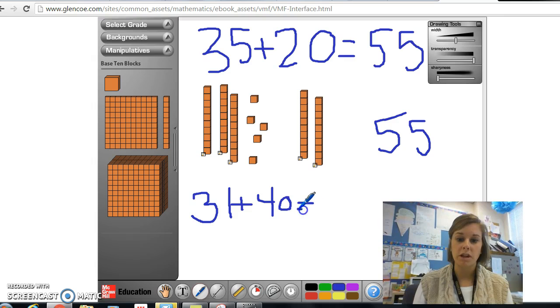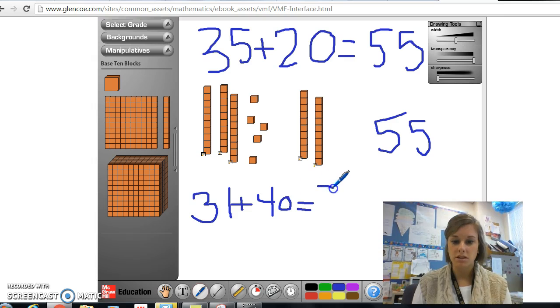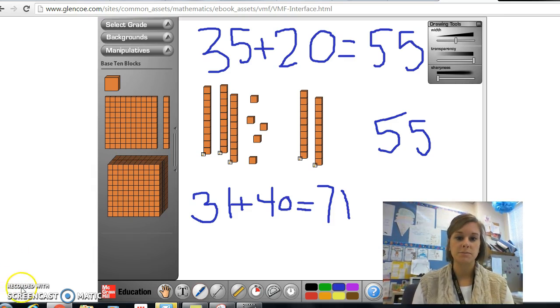Okay, I'm going to put 31 in my brain, and I'm going to count up by 10 4 times because I'm going up 40. So 31, 41, 51, 61, 71. My answer is 71. I could also build that with my rods and cubes and get the same thing. So again, you can either count it up by tens in your brain, or you can build it with rods and cubes.